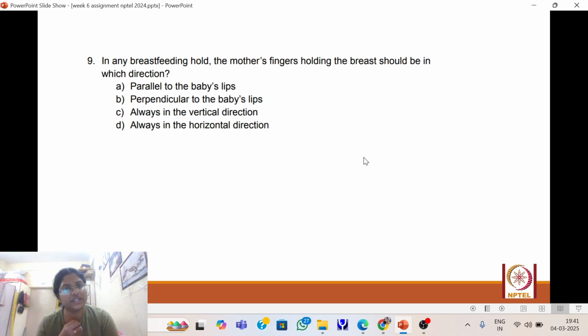In any breastfeeding hold, the mother's fingers holding the breast should be in which direction?